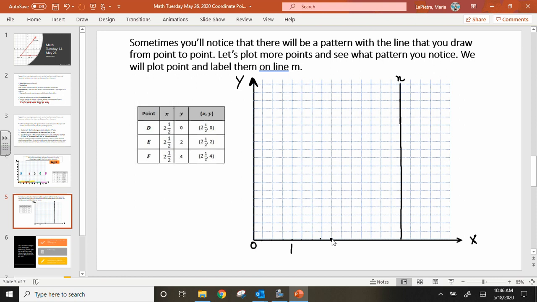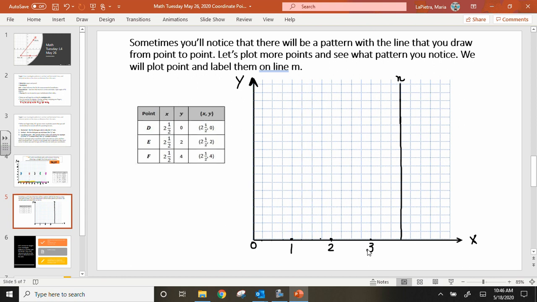Make this better point on here. So 1, 2, 3, 4. We'll make this 3. Okay, remember our X goes first, our Y goes second.